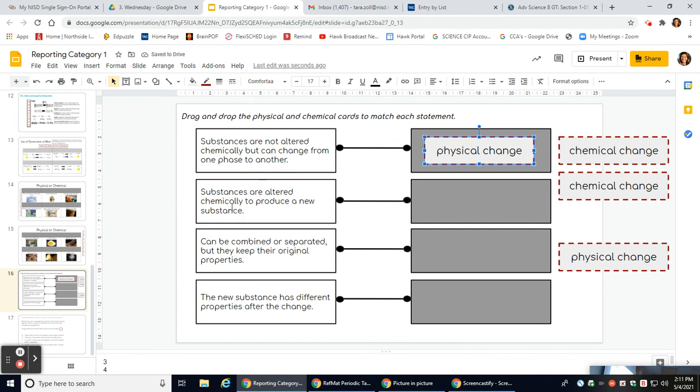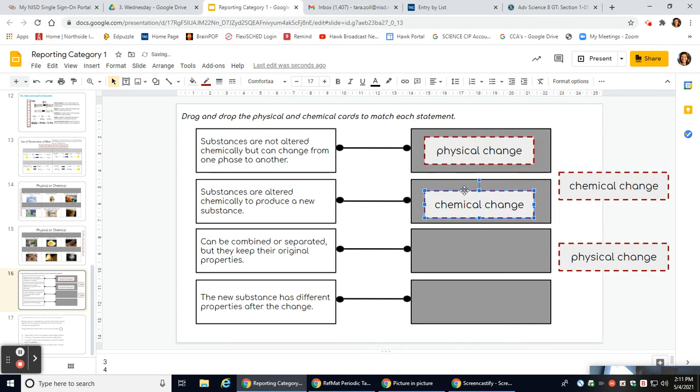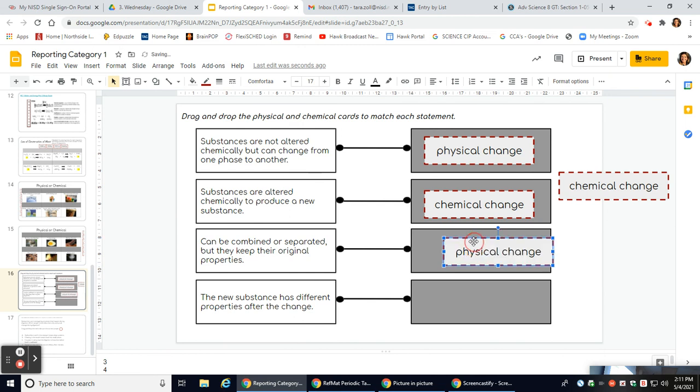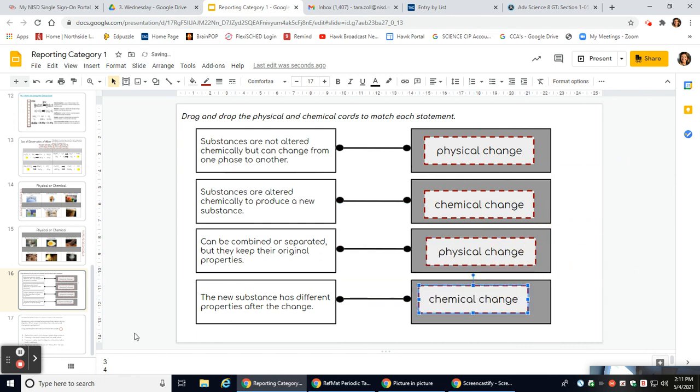Substances are altered chemically to produce a new substance. That's a chemical change. You can't get back what you had. Can be combined or separated, but keep their original properties. That's physical. Okay, we're not getting a new substance. The new substance has different properties. That's chemical change. We can't get back what we had.